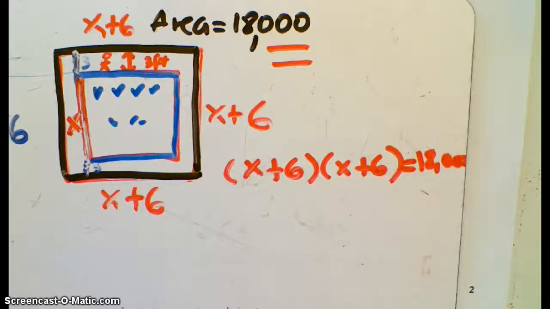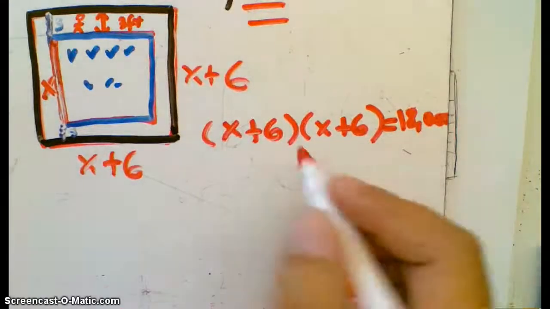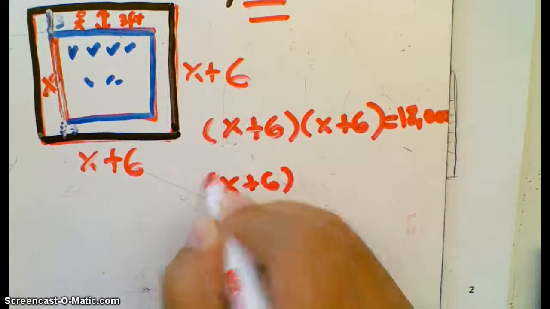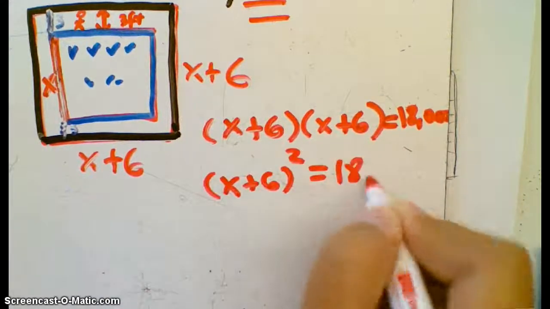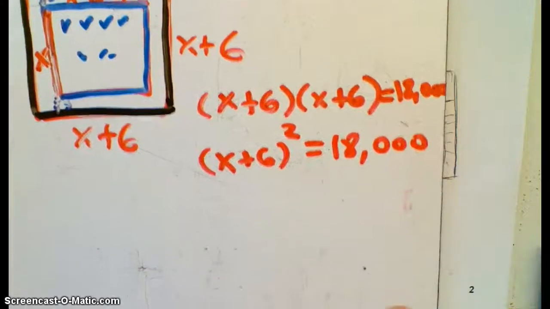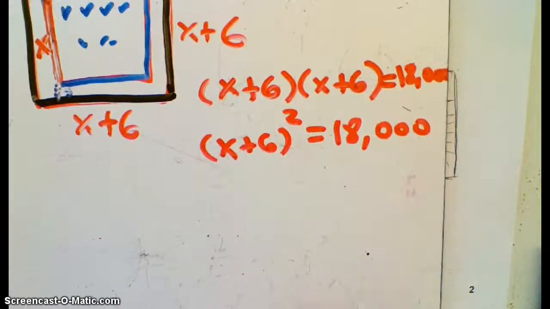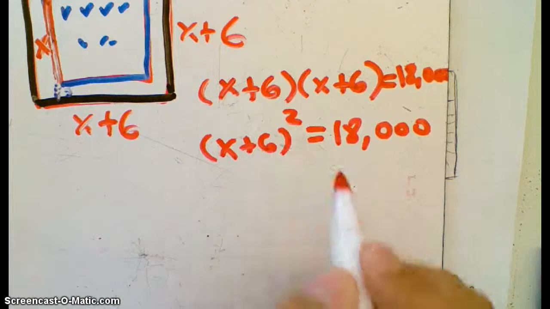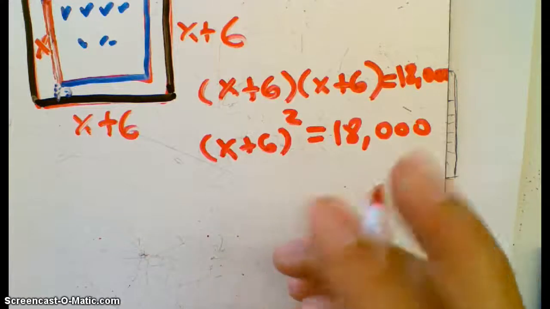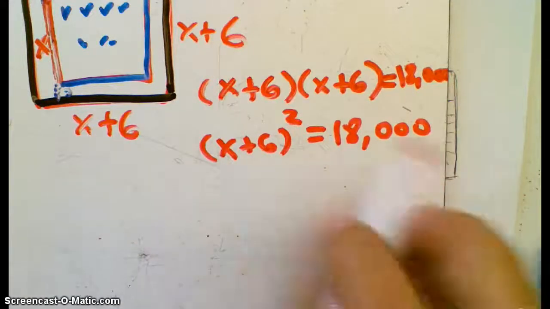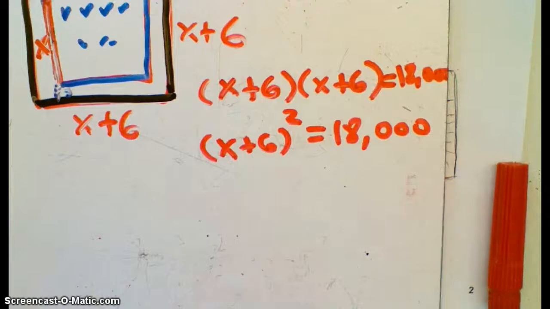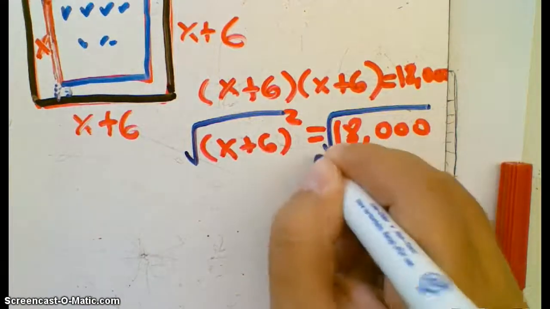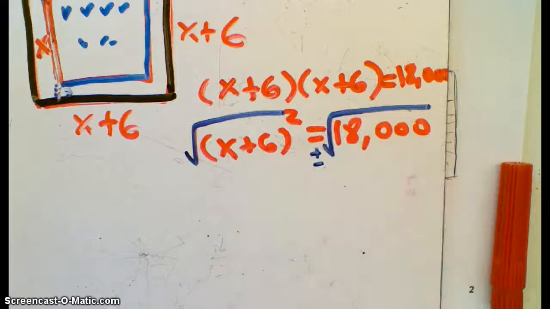Now, as pre-calculus students, you know that x plus 6 times x plus 6 is (x plus 6) squared. And now we just have to solve this equation. Remember that when I have something squared, I can generate my two answers right away. I'm just going to take the square root on both sides. But when I do that, remember that there are always two answers.